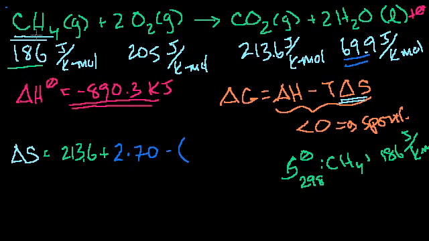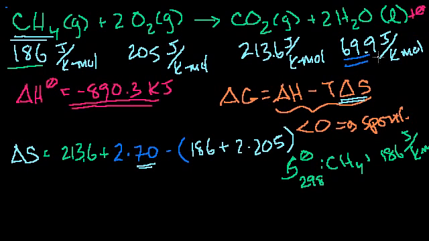So the entropy of 1 mole of CH4 is 186, plus 2 times 205. So just eyeballing already, this number is close to this number, but this number is much larger than this number. Liquid water has a much lower entropy than oxygen gas.